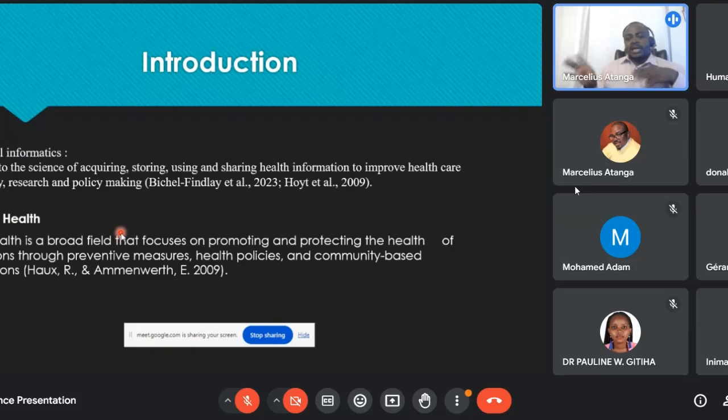And if you look at these deliveries, you can see where they fit in public health.